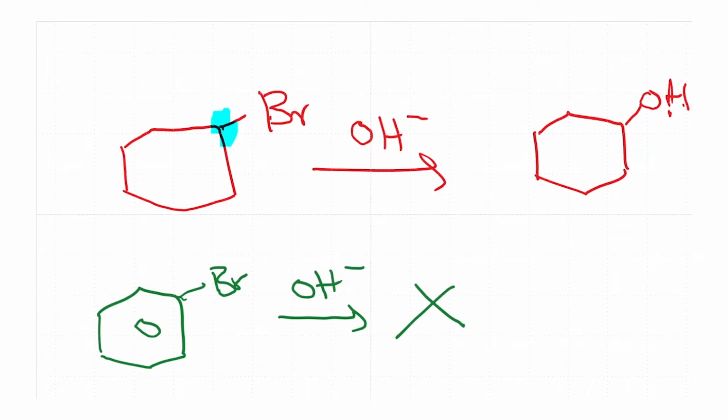Now this reaction occurs for several reasons. One of them is that the carbon is delta plus, and therefore it's a site for attack. Also, the attack happens on the backside where the sigma star orbital is located. And the third aspect of SN2 reactions is the inversion in stereochemistry. So that means that you have an inversion going on here.